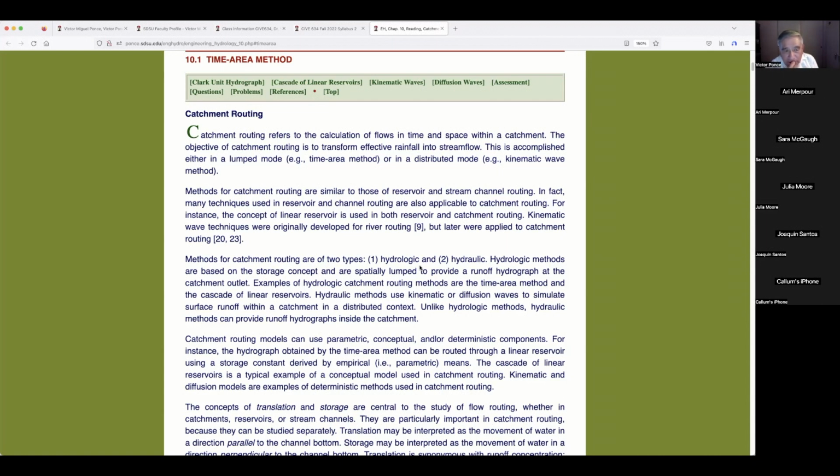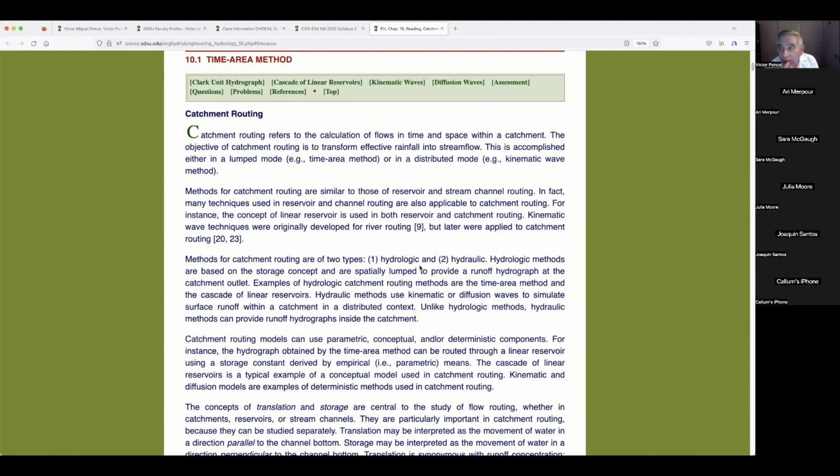Okay, so let me move on in here. Methods for catchment routing are similar to those of reservoir and stream channel routing. In fact, many techniques used in reservoir and channel routing are also applicable to catchment routing. We're going to double up here in various instances. We're going to talk about something, and then we're going to say you can use this for other applications, not just catchment routing.